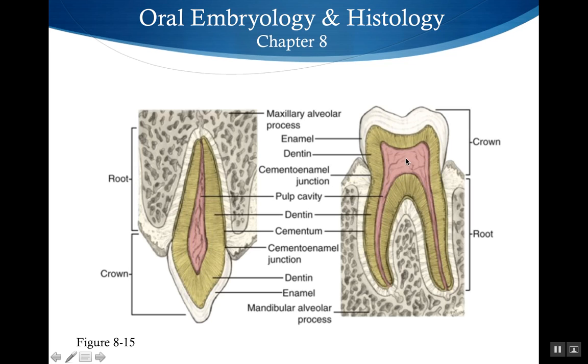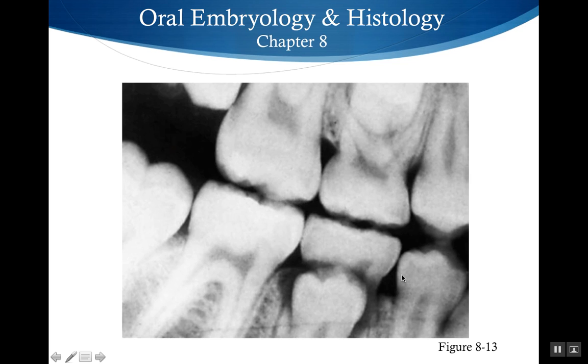The internal portion of the tooth, you have the pulp, or the pulp cavity, and that's where the nerves and the blood vessels are located. You also have the periodontal ligament that surrounds the tooth, and then finally you have the bone that surrounds that periodontal ligament.